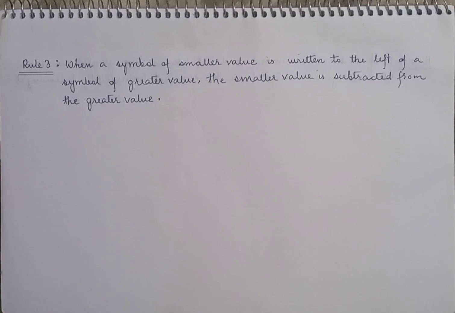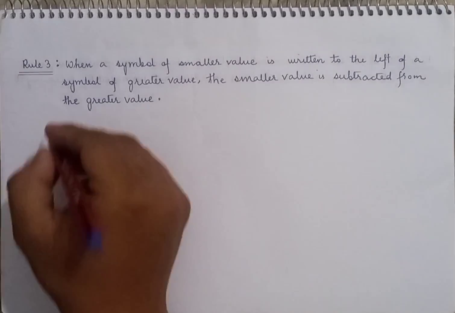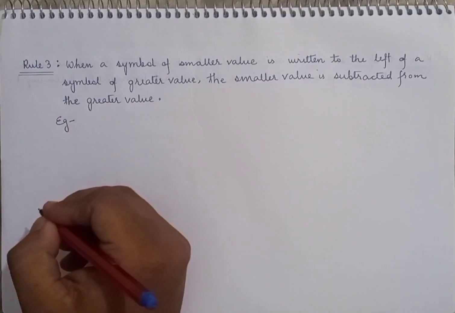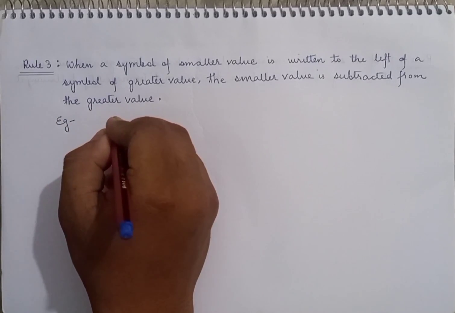Rule number 3. When a symbol of a smaller value is written to the left of a symbol of greater value, the smaller value is subtracted from the greater value. Okay, let's understand this with a simple example.